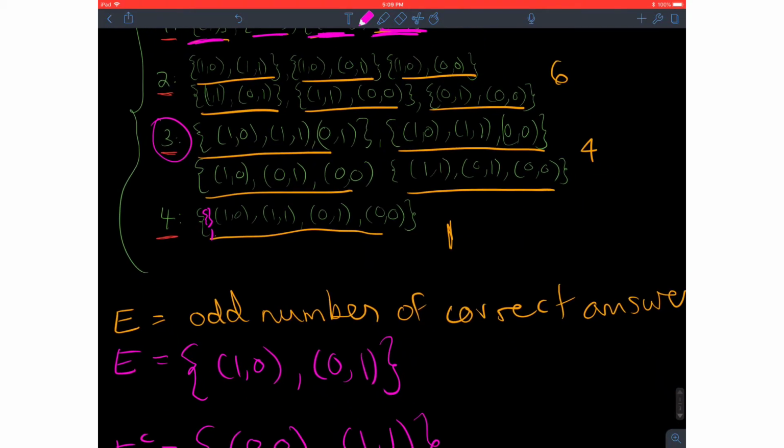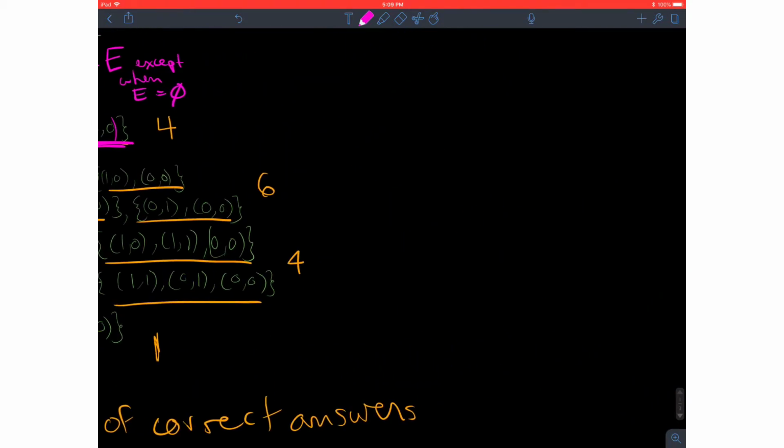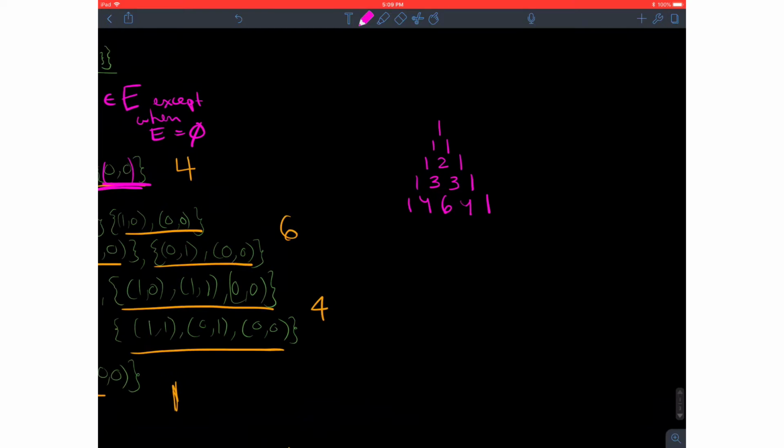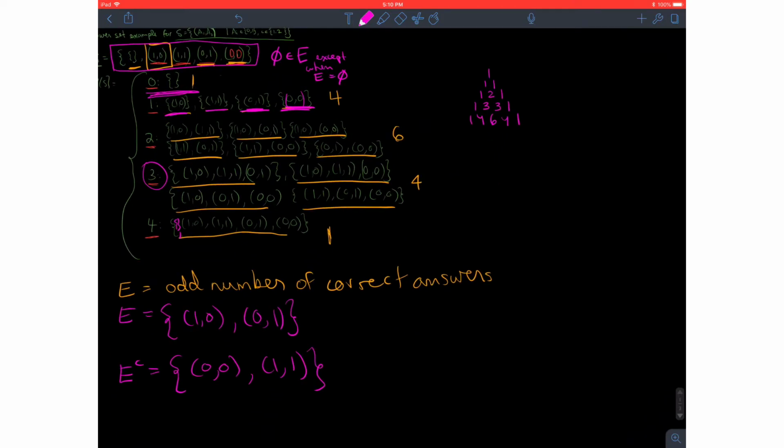That looks like something familiar. What is that? If you remember the binomial coefficients, 1, 4, 6, 4, 1, these are essentially the binomial coefficients, and the sum of these lines is usually 2 to the n.